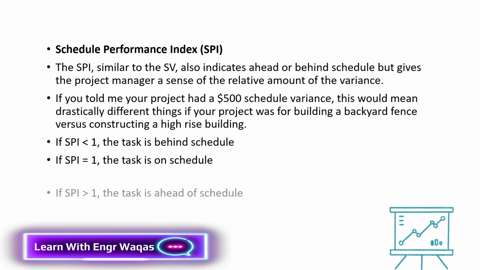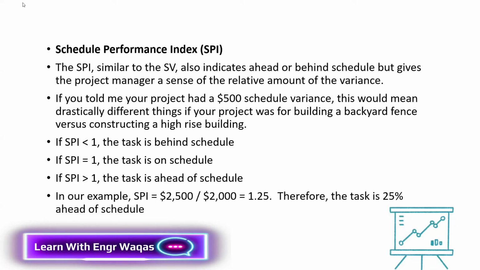So actually, ignoring it, the formula is earned value. What was the formula of SV? SV formula was earned value minus planned value. So it is very easy to understand the SPI formula. EV divided by PV. Same thing. In SV, earned value minus planned value.